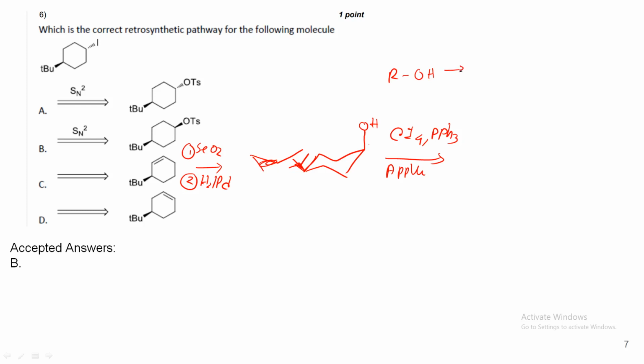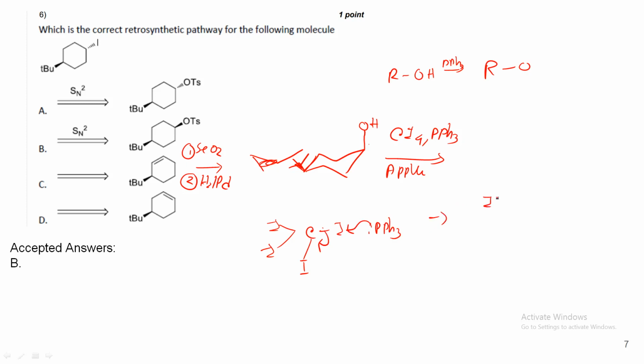With PPh3 treatment, with CI4 there, PPh3 at first attacks one of the halogens and it would do this kind of thing.